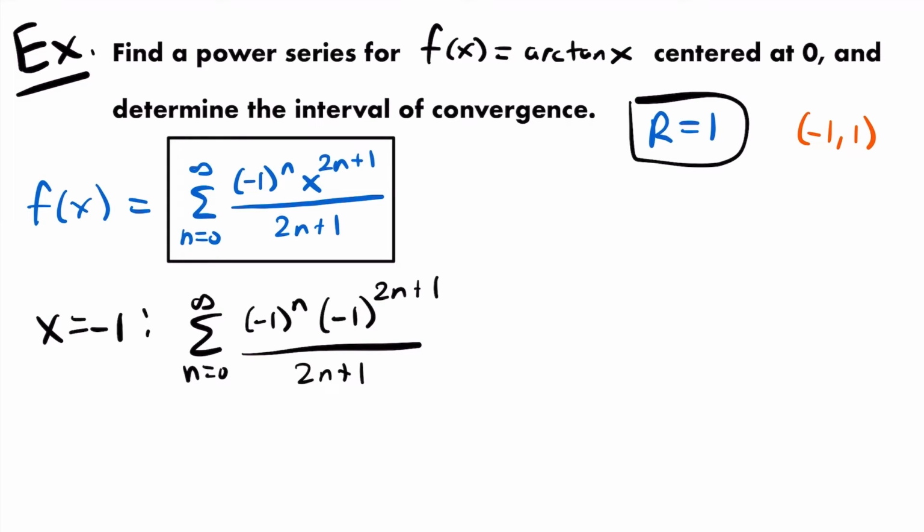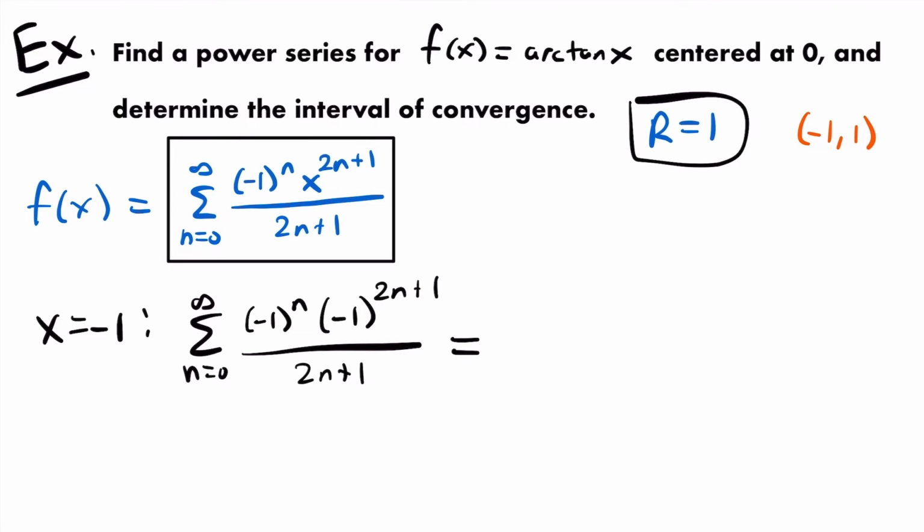No matter the value of n, multiplying it by 2 makes it even. If n was odd, an odd number times 2 will make it even, and if n is even, an even number times 2 is also even. So this is always even, and we're always adding 1 to it, which means that this power will always be an odd power, and negative 1 to an odd power is always negative 1.